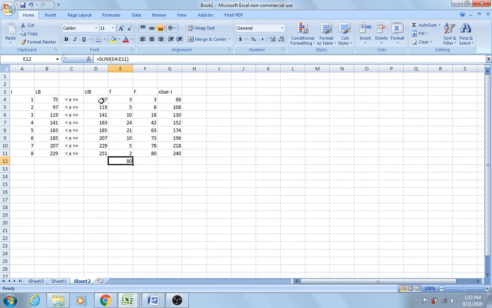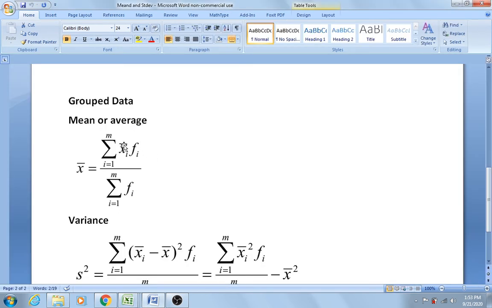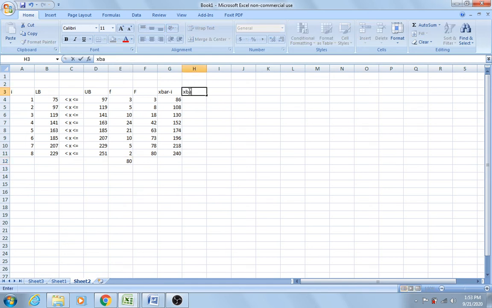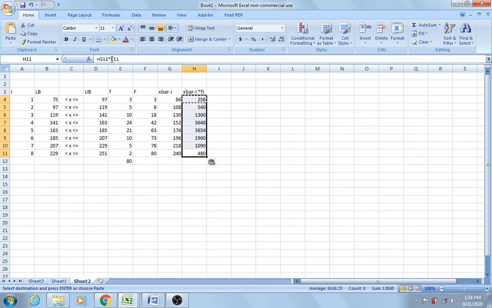The next thing you need to do is multiply the middle point of the interval with the frequency of that interval. So this should be x bar i times small fi. This is the small fi, which means the frequency of the first interval is 3. So you just type 258, that is 3 times 86, and then you copy everything down.